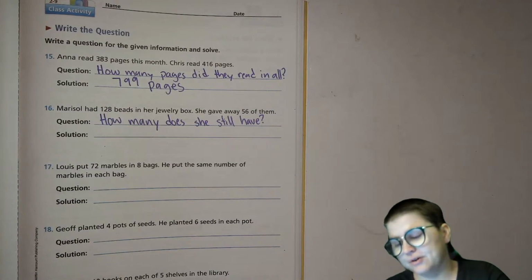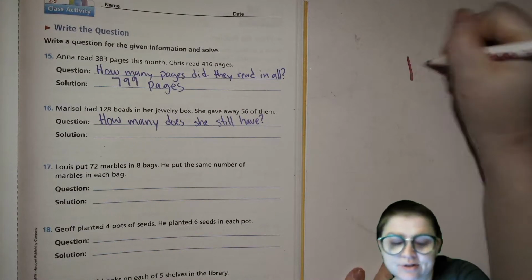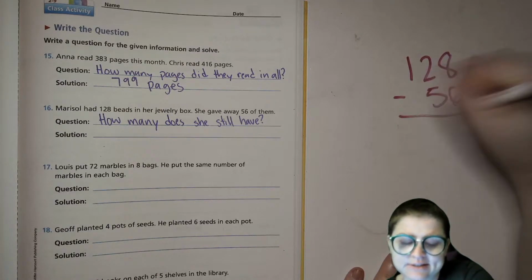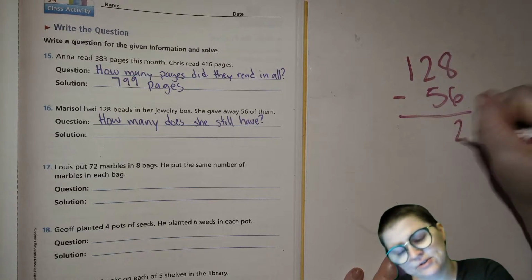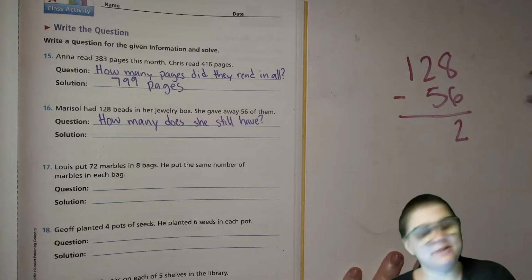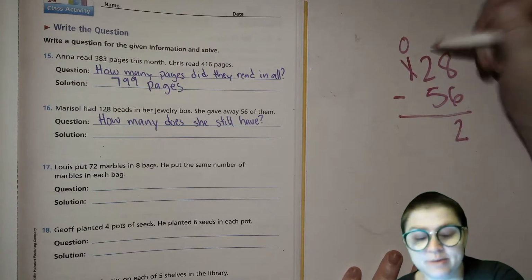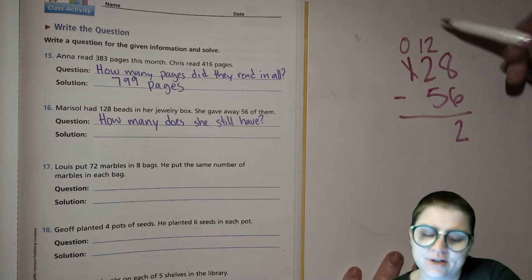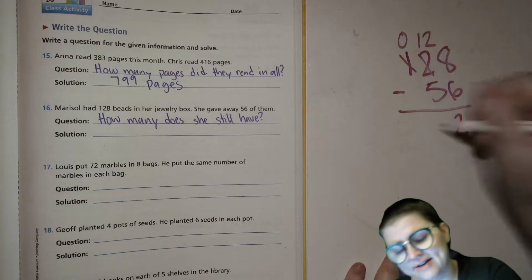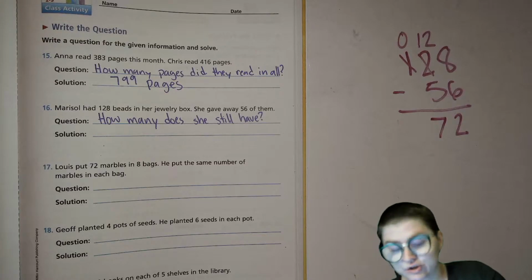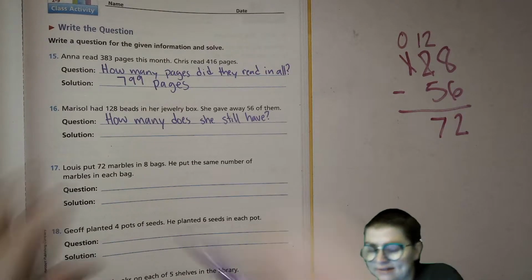So from there, we will do 128 minus 56. 8 take away 6 is 2. 20 take away 50. That's not going to work, so we'll have to ungroup. We will leave 0 hundreds in the hundreds place, and now we have 12 tens. 12 take away 5 is 7, right? So now she has 72 beads left.